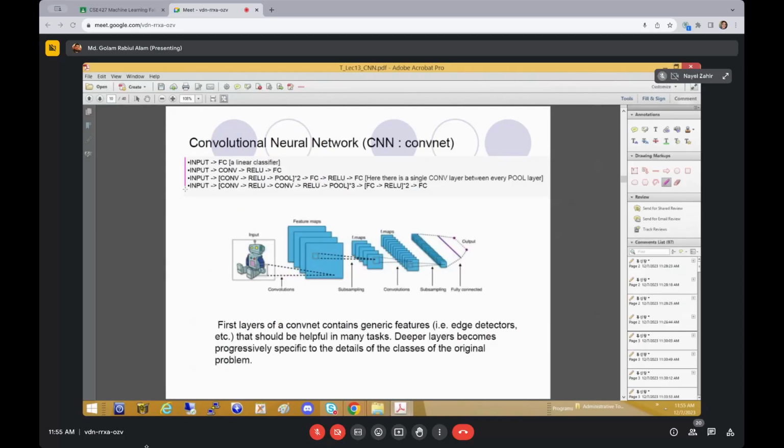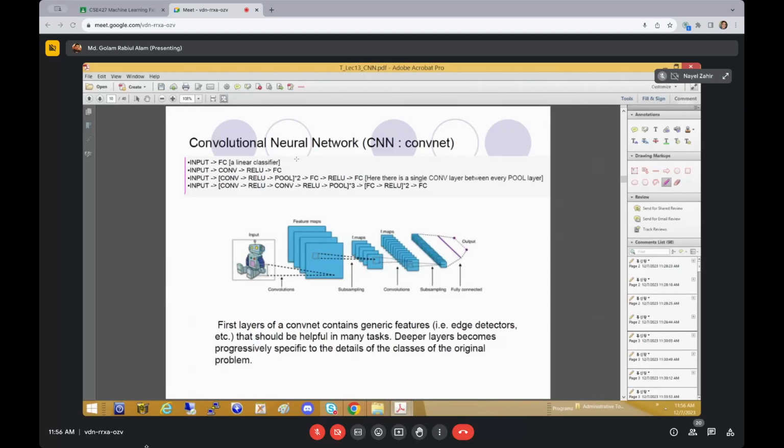There are several versions. You can propose your own neural network. That means you can propose a convolutional neural network by yourself for your application, and therefore you will see that for many applications, the convolutional neural network is named after the username or the application name.